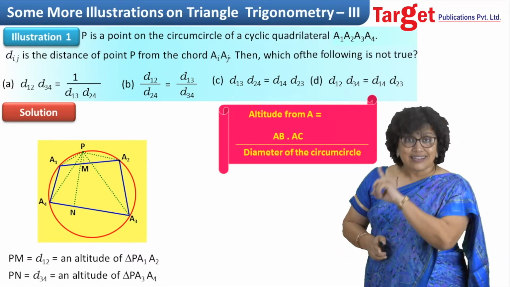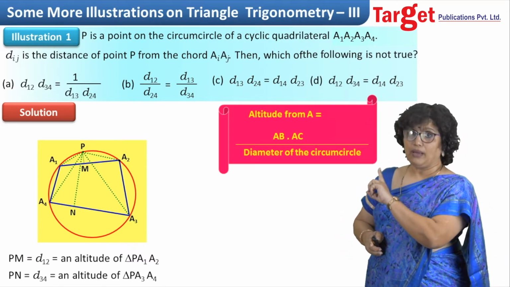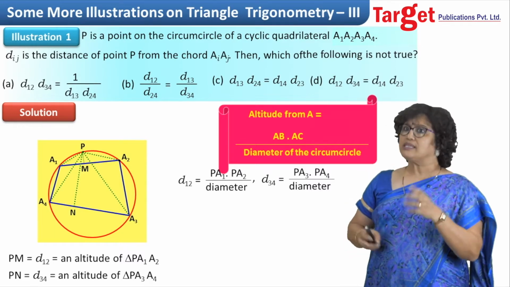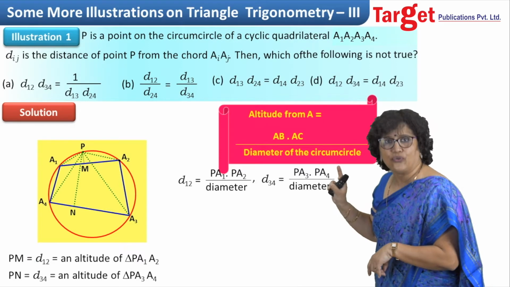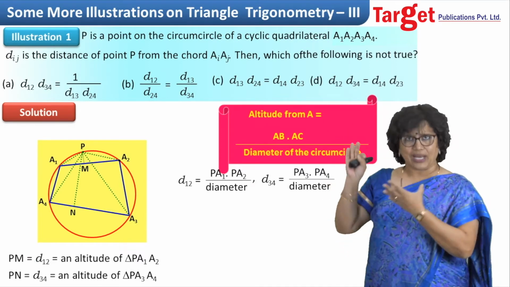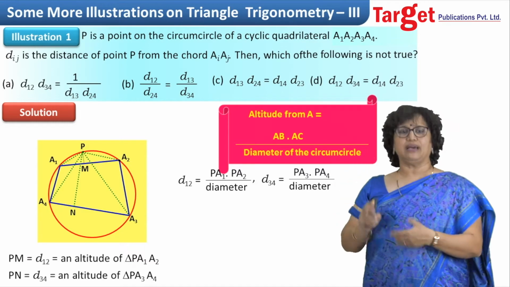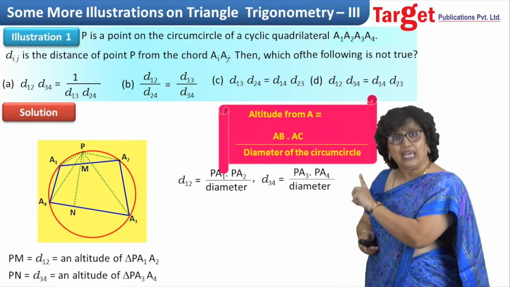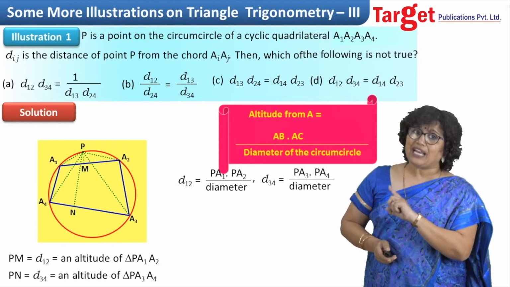Now, that result I have written at the top, I want to use, but before that, I try to write D12 and D34 using that same result. The altitude from A, what I have written there, you use here, and that would give us D12 equal to PA1 into PA2 upon diameter.